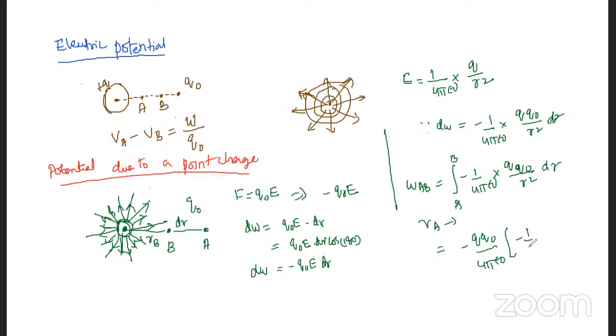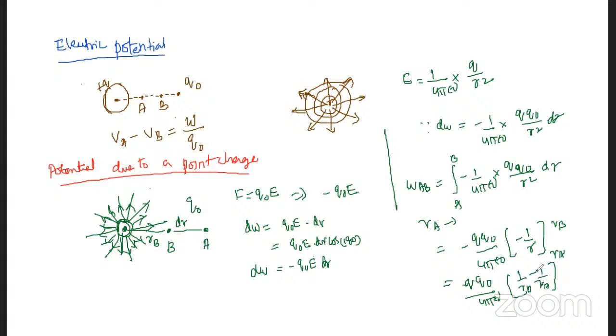So the integration of minus 1 by R square is equal to minus 1 by R. So the limits are from RA to RB. If you substitute these, you will be getting it as Q into Q naught by 4 pi epsilon naught into 1 by RB minus 1 by RA.